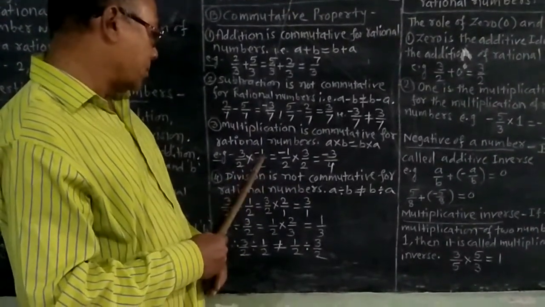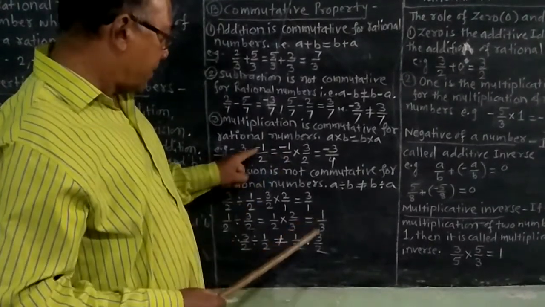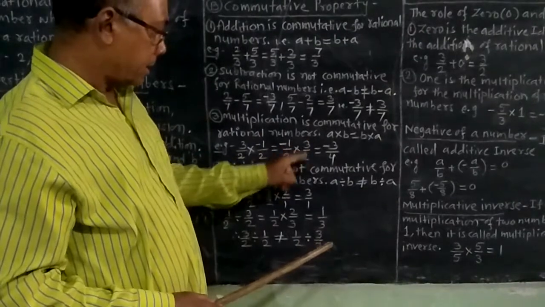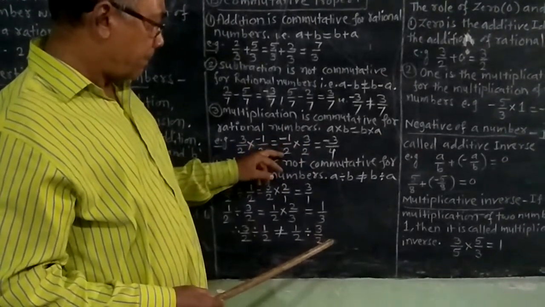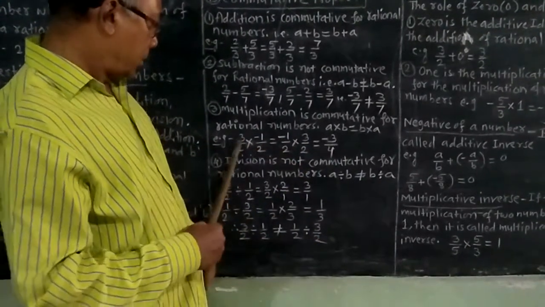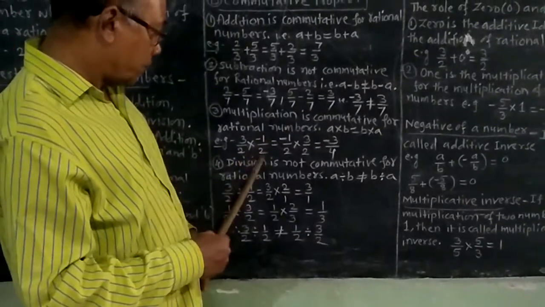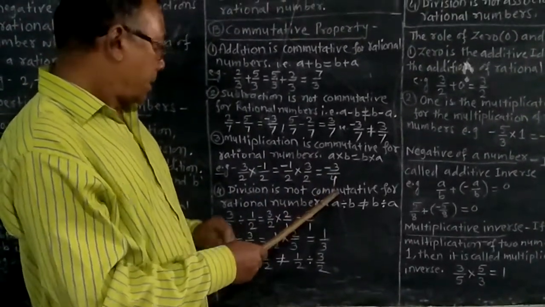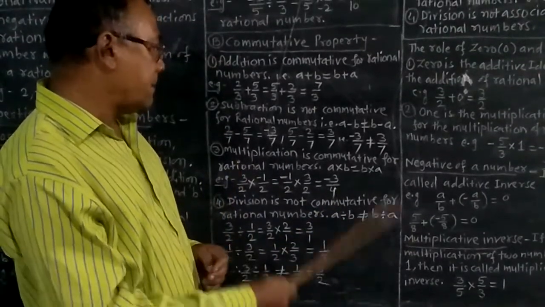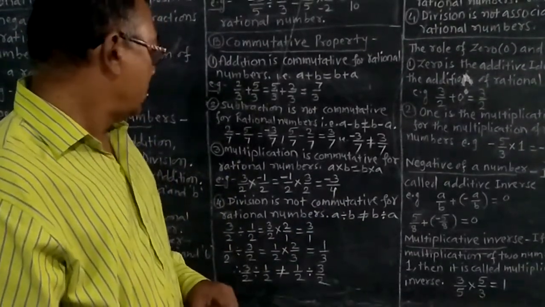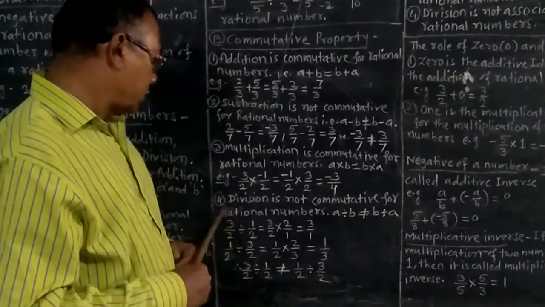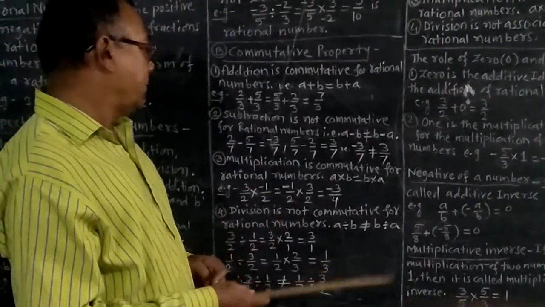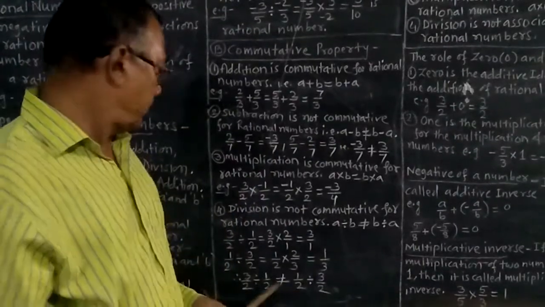If we write minus 1 upon 2 first and 3 upon 2 as the second number, then minus 1 half into 3 upon 2 and 3 upon 2 into minus 1 half, the product is the same, that is minus 3 upon 4, and here we can say that multiplication is commutative for rational numbers.